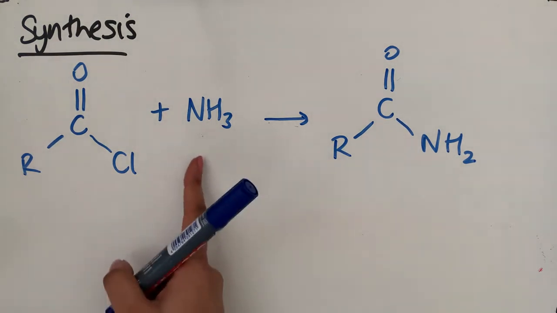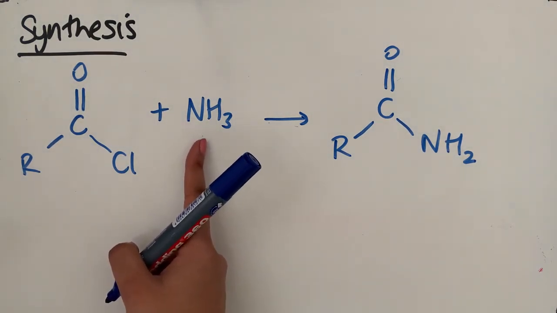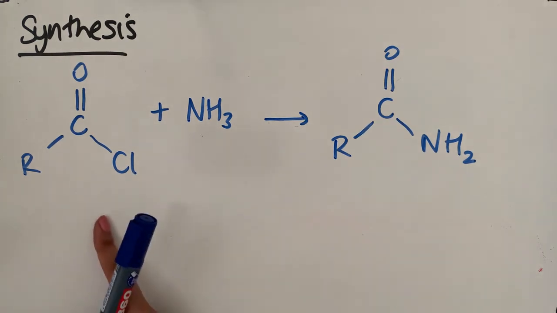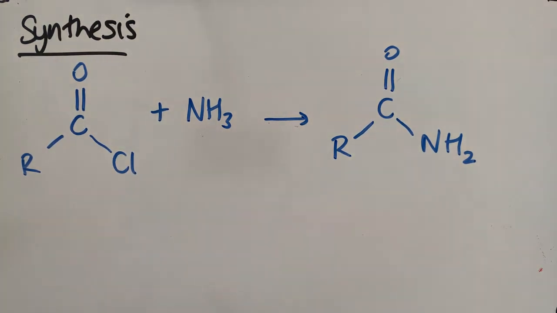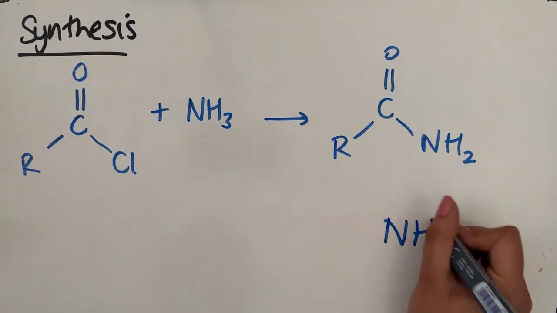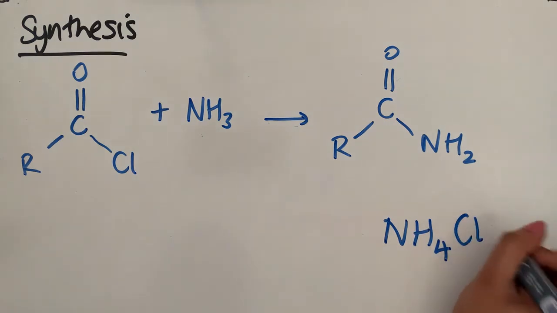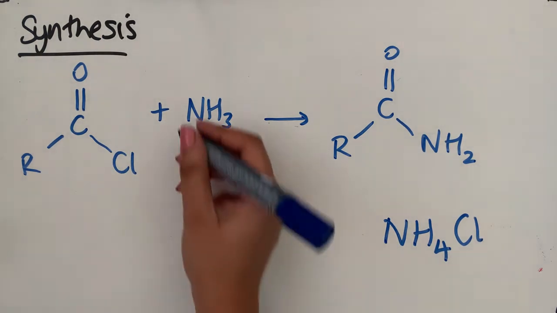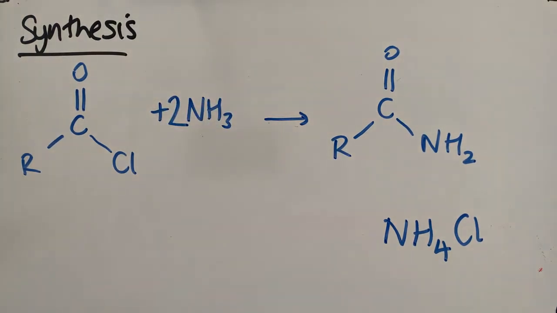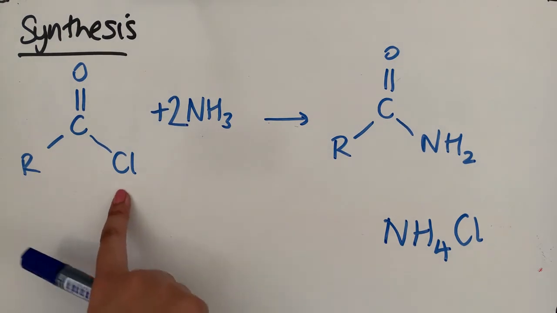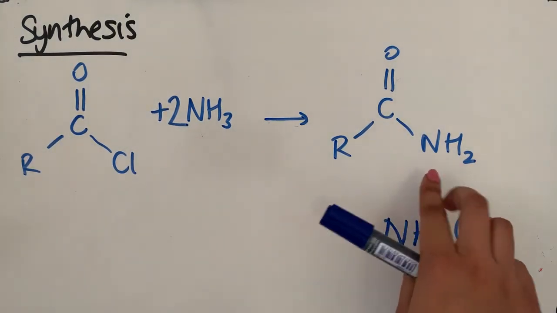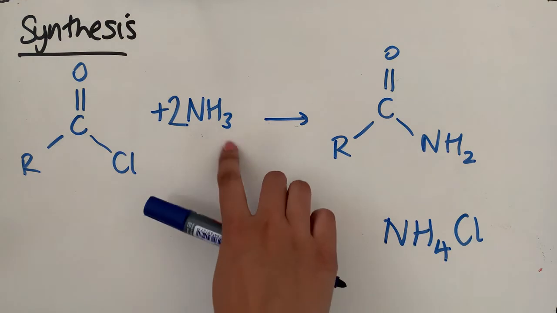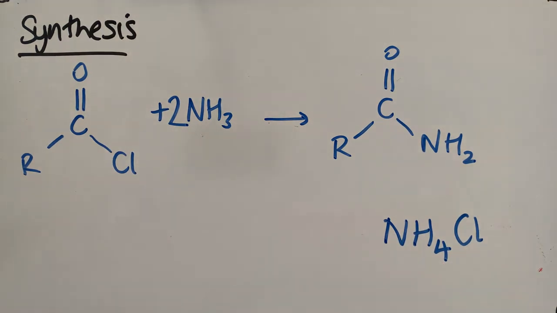There are going to be other products, so as you can see, we are going to release a H+, we're going to release a Cl. We actually form a salt as the other product, and the salt that we form is NH4Cl, so that's ammonium chloride in this case. In order to balance it, we just need to have 2 lots of ammonia like that. So that chloride, 1 ammonia molecule and 1 hydrogen that we've lost from that ammonia end up in here.